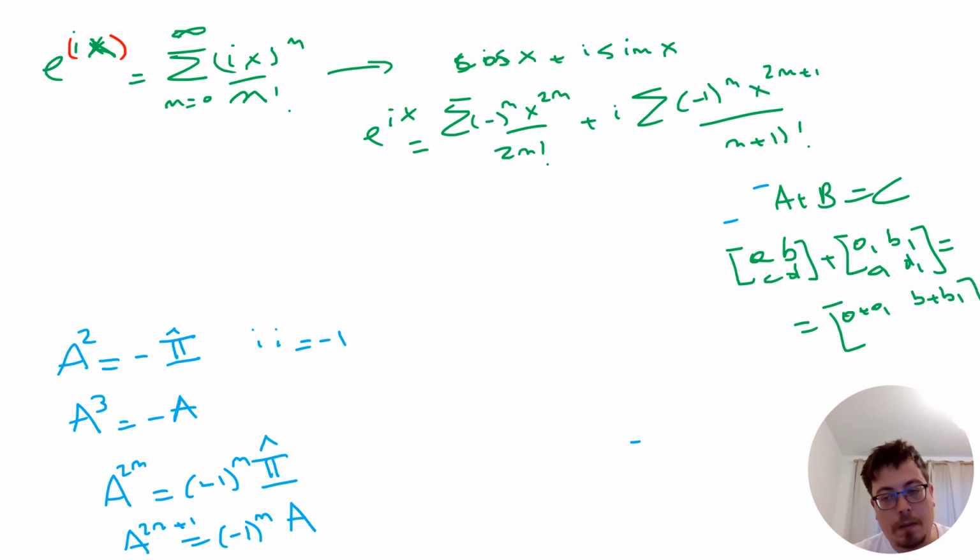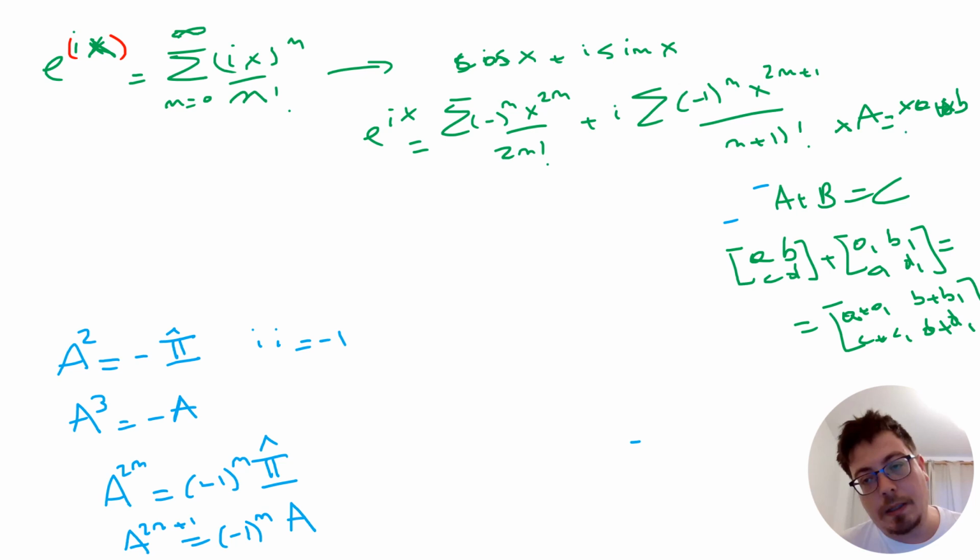So we remember that the sum of matrices is another matrix with the sum component by component. And easily we get x times the matrix (a, b; c, d), which is (xa, xb; xc, xd).